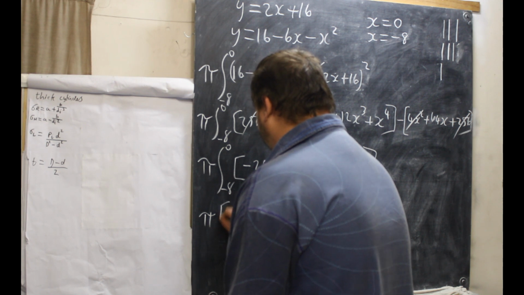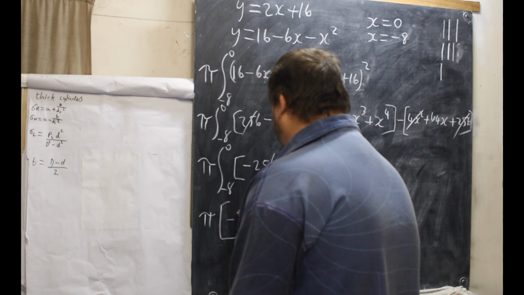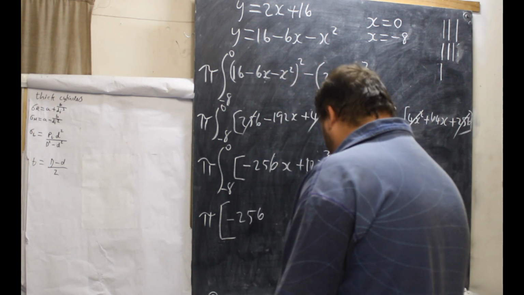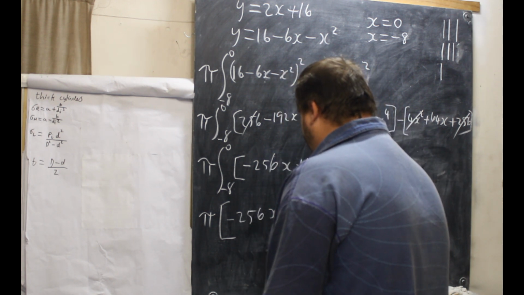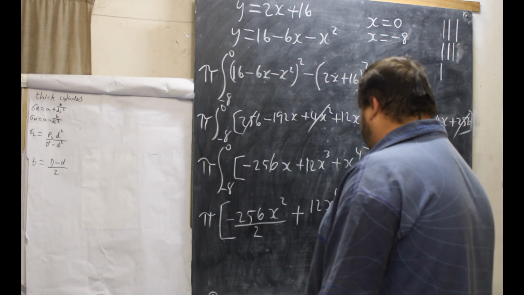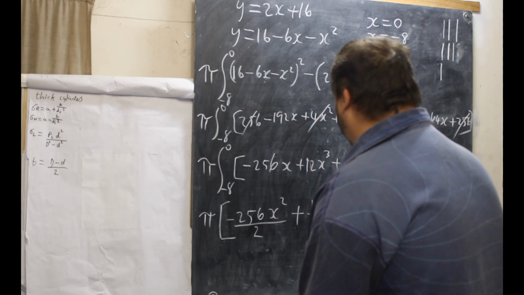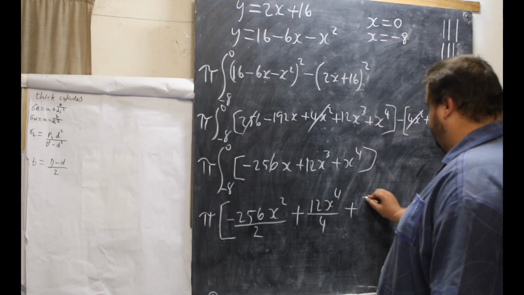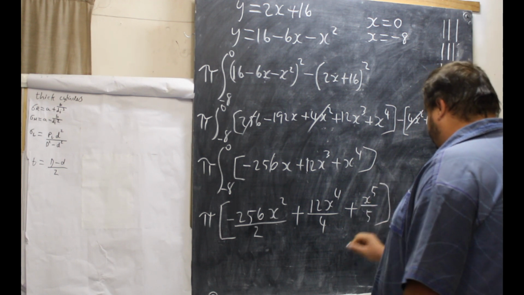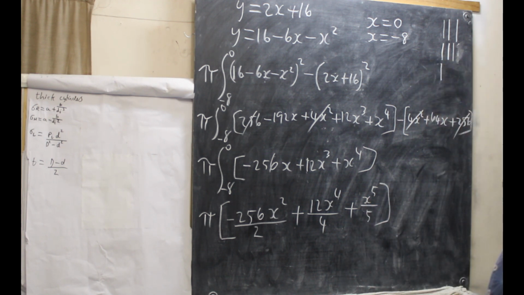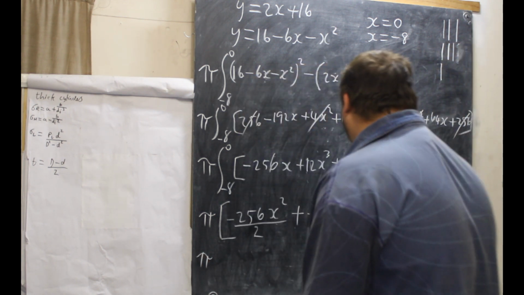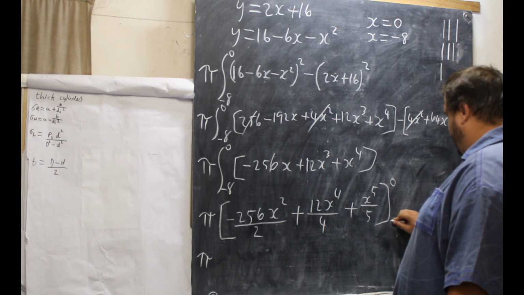Pi, now minus 256x squared over 2, plus 12x to the 4 divided by 4, plus x to the 5th over 5. Right, and our limits, 0 and minus 8.